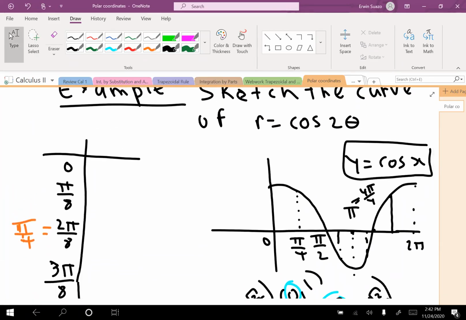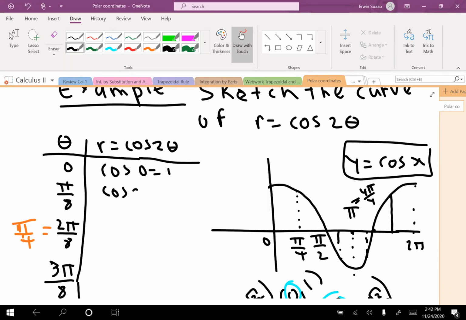So this is your theta. You need to do r equals cosine of 2 theta. So when theta is 0, what is r? Cosine of 2 times 0 is cosine of 0, right? So cosine of 0 is 1.